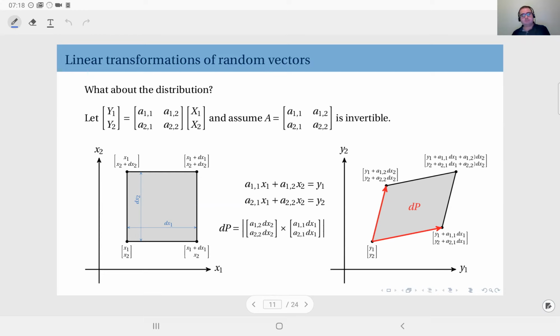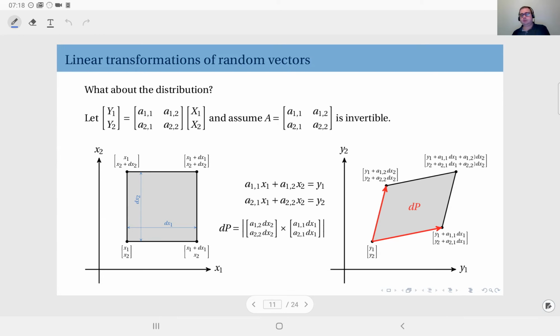If it is not, occasionally it becomes easier to write some of the components separately, or you can do a reduction in the dimension, because when A is not invertible, that means at least one component of X can be written directly as a linear combination of the remaining components of X. So you can just set it apart and consider it separately.